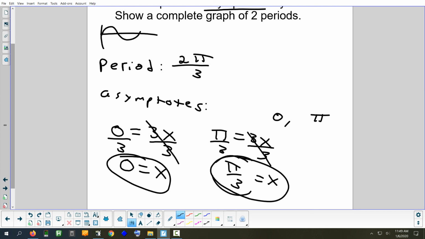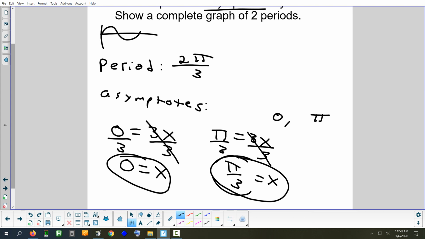In general, how often does an asymptote repeat? How about in a trig function, any specific behavior that you notice will repeat itself every... Period.